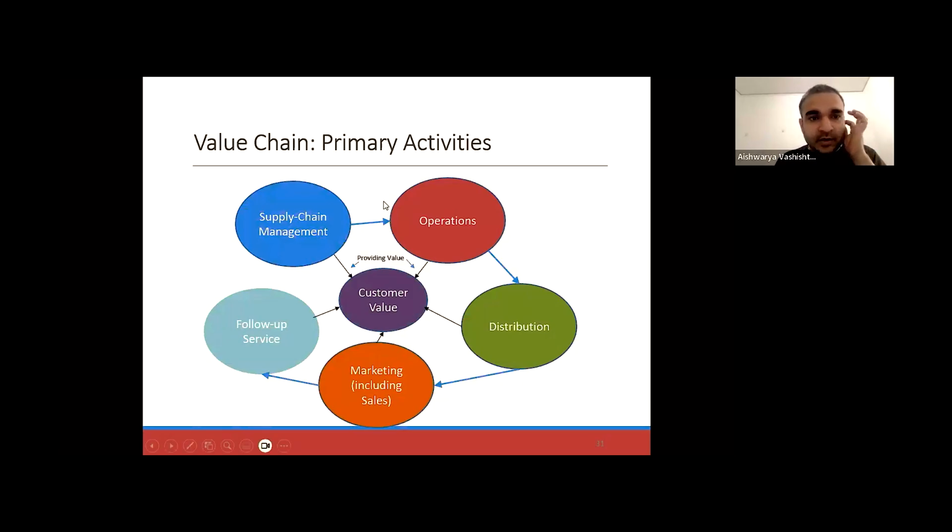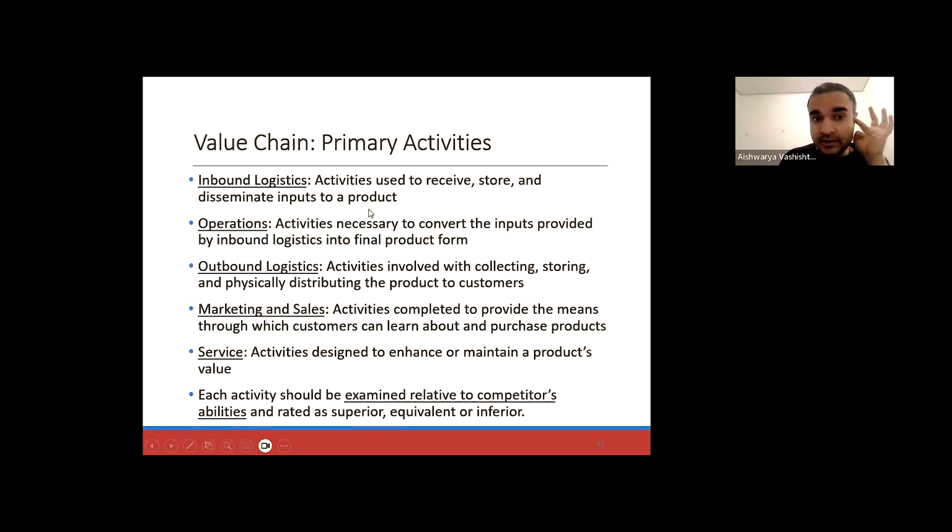So what all activities go into making a new product? Operations, distribution, marketing, service, supply chain. Inbound logistics is when you get raw materials that come to your factory, right?